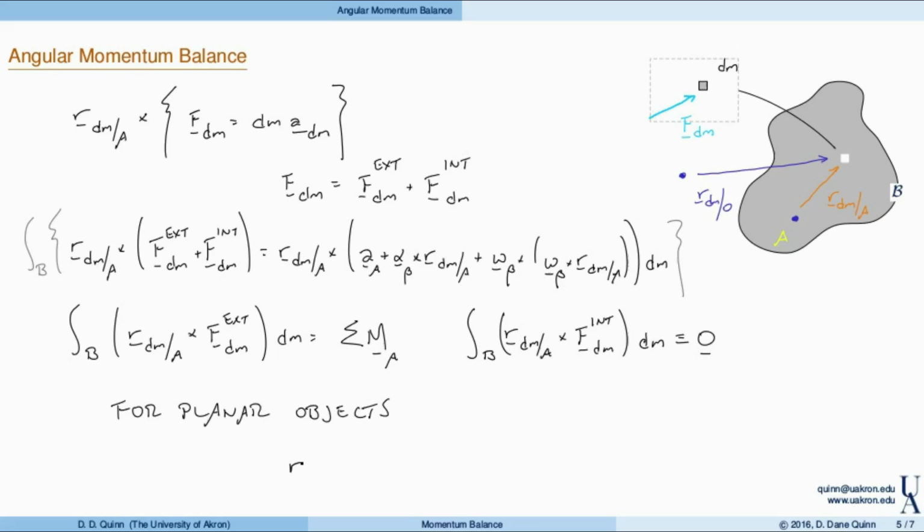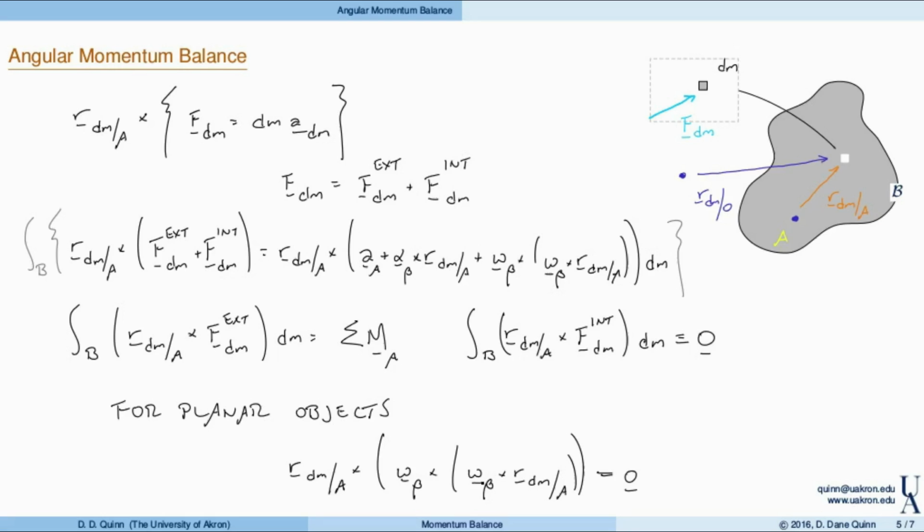So r dm with respect to A cross omega cross r dm with respect to A equals 0. And this is only for planar objects. If we have objects moving in space, three-dimensional motion, this term would not vanish necessarily. But again, when we focus on planar objects, then this term is equal to 0.